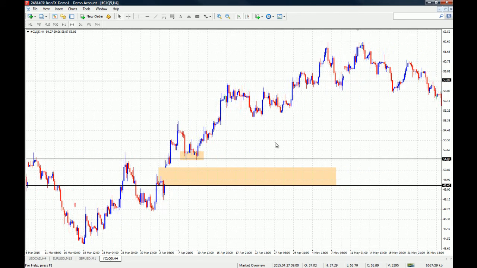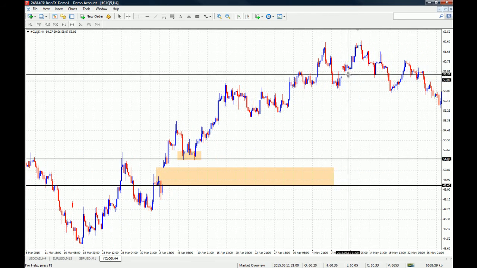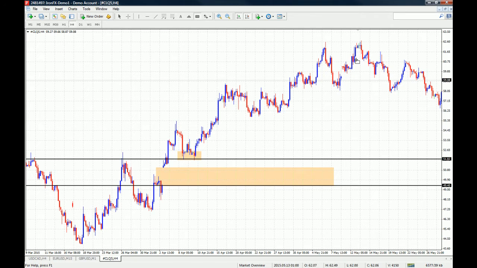Now you can see that price closes for the week at 59.38, which means that this weekly option expires in the money. And you can do this with currency pairs, with indices, and with metals and energy.